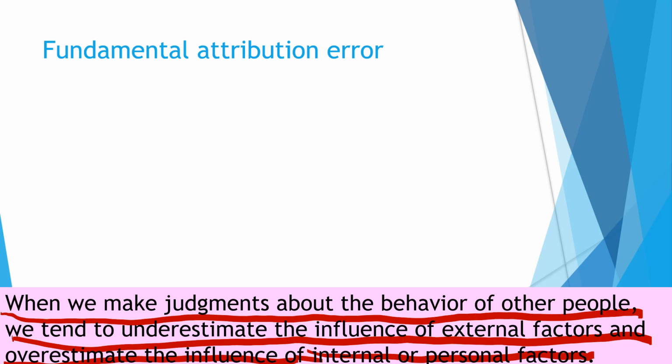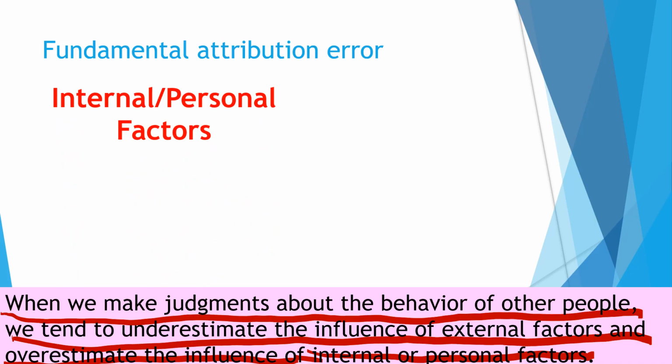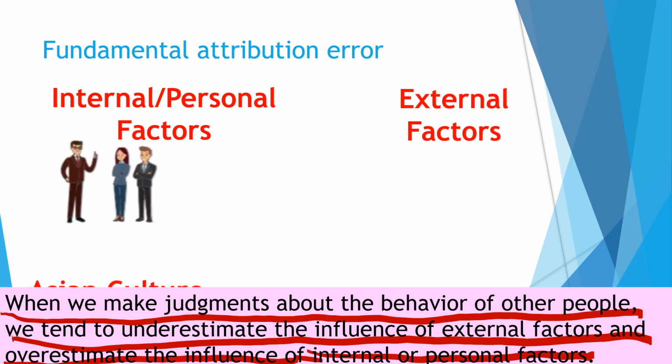For example, there is a sales manager, and he is blaming the poor performance of the sales agents on their laziness and lack of proactiveness, rather than on the innovative product line introduced by the competitor. So there are two factors: internal factors and external factors.